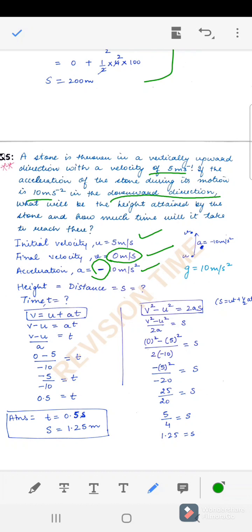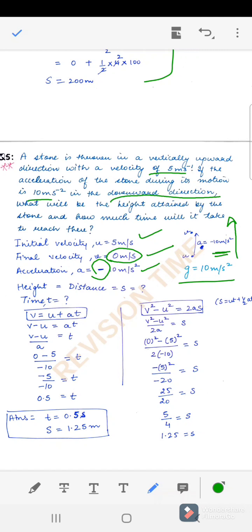But what actually is happening? The stone is thrown vertically upward here. So the downward direction is the force of gravity. It will be acceleration due to gravity, that is 10 meter per second square, if the stone is moving in the downward direction. But we are throwing the stone in the upward direction, that is why it will be minus 10 meter per second square.